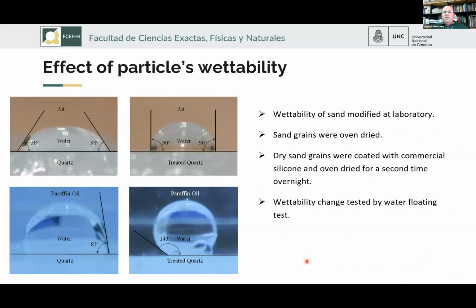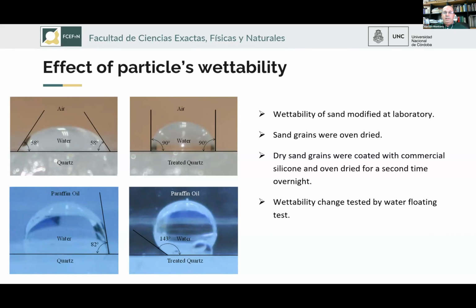We also asked what would occur if the wettability of the particles changed but with the same grain sizes. In order to investigate that, we prepared NAPL-wet sand, modifying the natural sand we have by coating the grains with a commercial silicone.